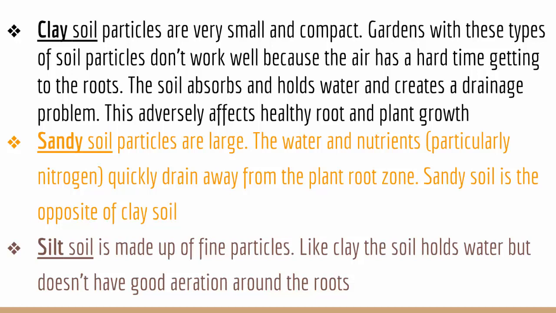So clay soil acts as a trap, and it doesn't work well with plants, since the interaction between this type of soil, air, and water is not very good at supporting the growth of a plant. On the other hand, sandy soil particles are large. The water and nutrients, particularly nitrogen, quickly drain away from the plant's root zone.